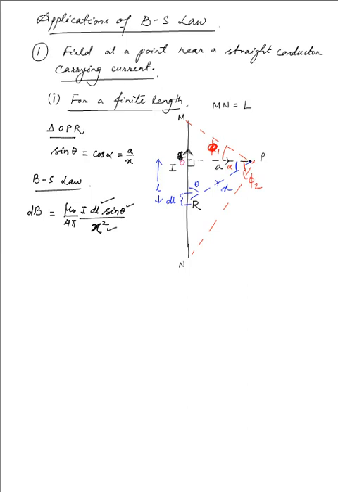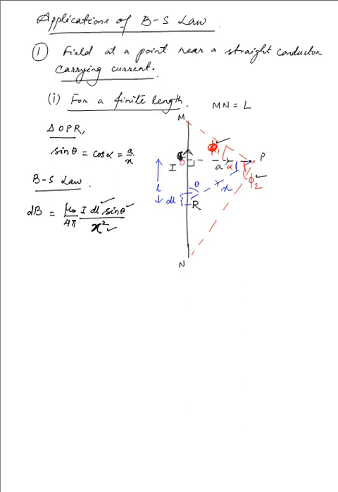Now the dl part is the small differential of the length. What we can do is try the variation of dl with respect to the angle, because the reason that we took these two angles over here is that we can obtain the integration when we are varying with respect to d alpha instead of dl.